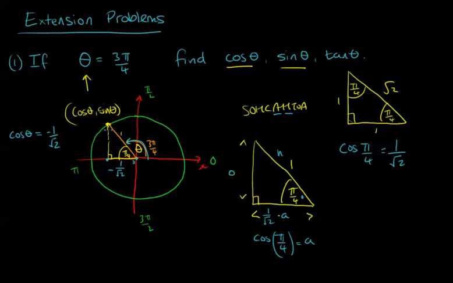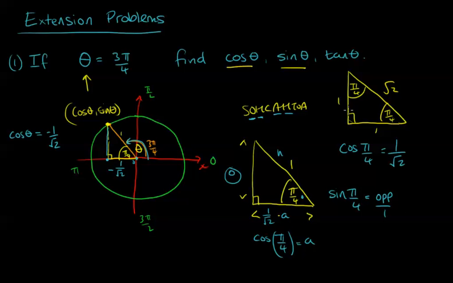Right, now we need to go up from this, so we need to work out this vertical distance here. So we're trying to find the opposite now. Opposite over hypotenuse, so sine of pi over 4 is going to be the opposite divided by the hypotenuse, which is 1. The opposite over 1 is just the opposite.